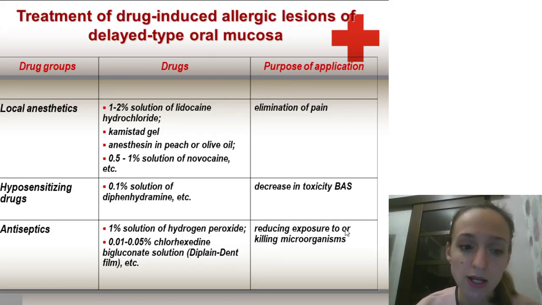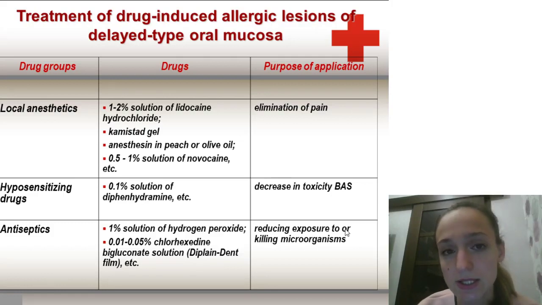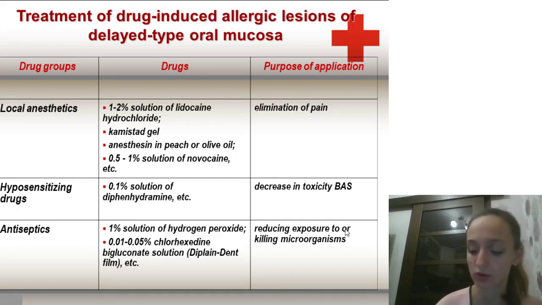Next, desensitizing drugs, 0.1% solution of diphenhydramine, decrease the toxicity of biologically active substances. And antiseptics, 1% solution of hydrogen peroxide, reduce exposure to or kill microorganisms.